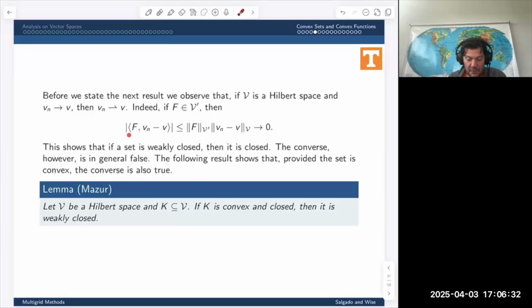So we have to show that this goes to 0 for every possible f in the dual space. Well, we know that the sequence v_n converges to v strongly in the norm. That's what strong convergence means in the topology of V. This goes to 0, by definition.